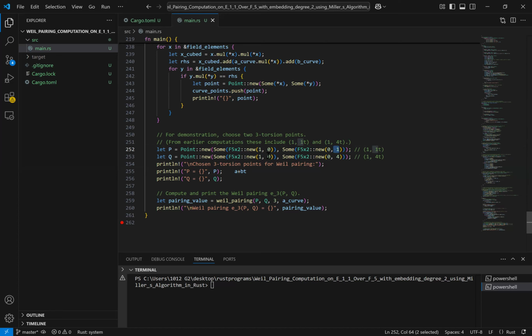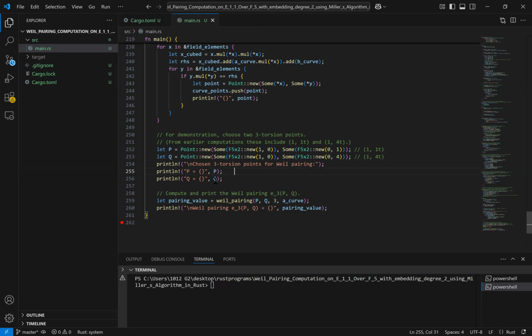The same thing with the point Q. For point Q I've entered 1, 4T. It means B is 0 for the X coordinate, and for the Y coordinate, A is 0. Now, those are the 2 points.